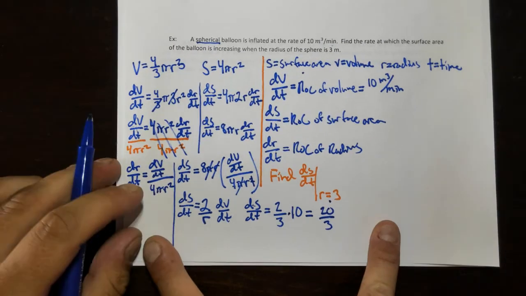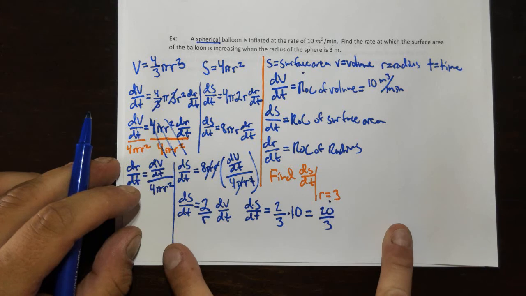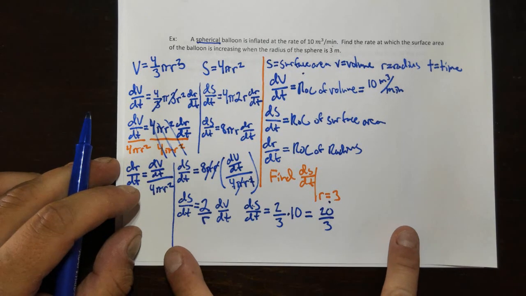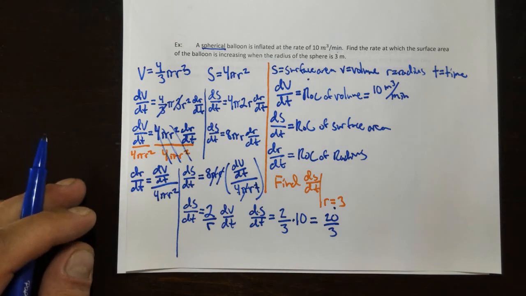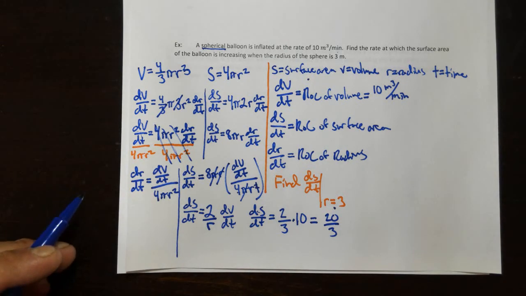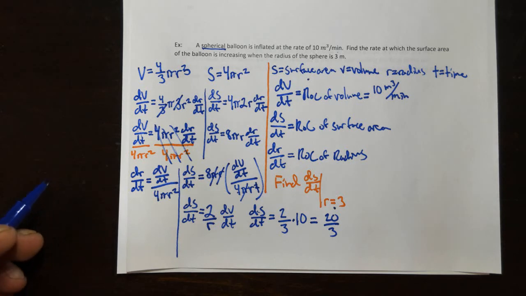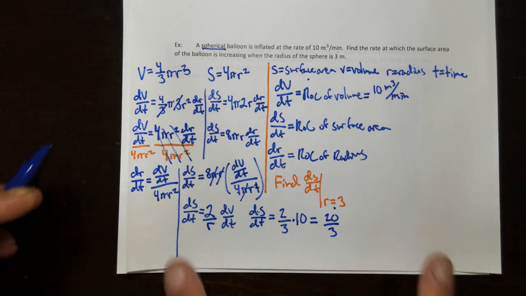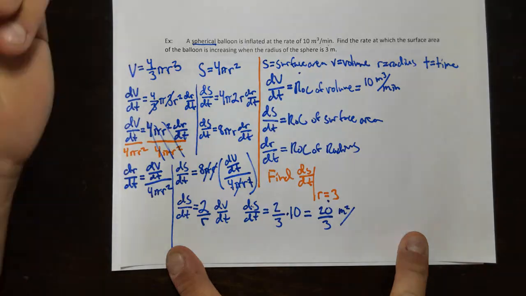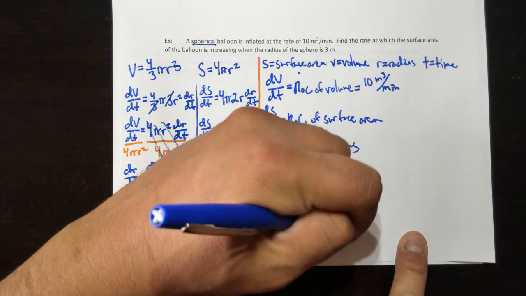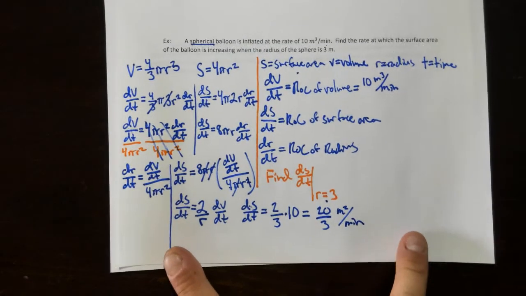And our units, this is surface area. So let's see, what would our units be here? This is always the bane of my existence, getting units. Oh, surface area. So meters squared per minute. Okay. Awesome.